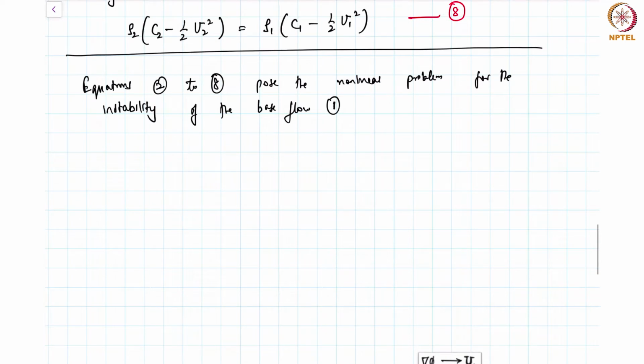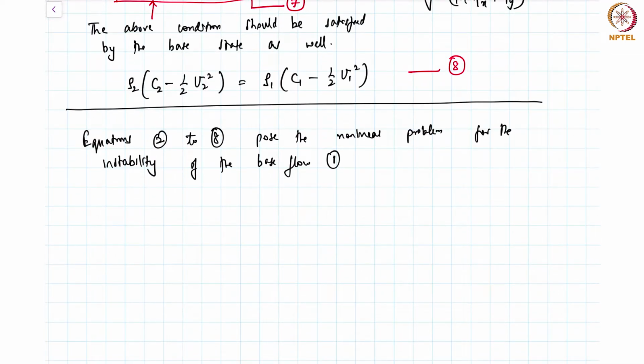So now that we have the equations, we'll do a linear stability analysis. For linear stability, we first put phi2, that is basically the velocity potential in the upper fluid, the total velocity potential.